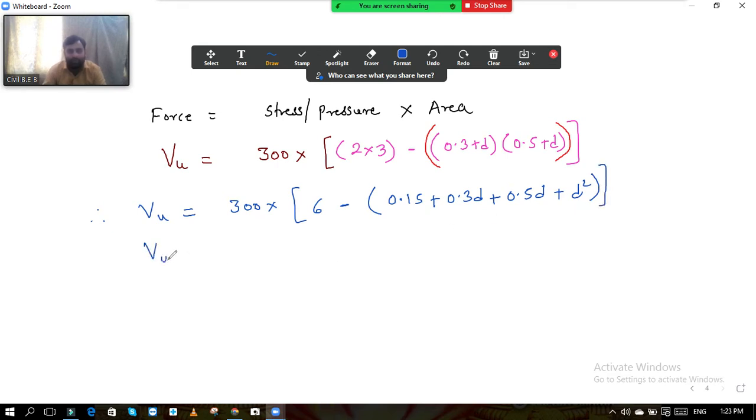Again if you simplify this further, shear force VU is equal to 300 into, here it is 6 minus, now what will remain, 0.5d plus 0.3d, 0.8d. If I remove the bracket, then the minus sign is there, so it is minus d square minus 0.8d minus 0.15.